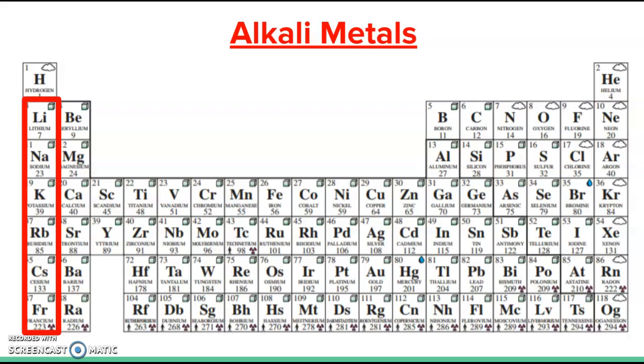So for now, let's just go ahead and everything from lithium down to francium, that column minus hydrogen, is what we call the alkali metals. If you need to, go ahead and pause the video. Like I said, color that in, shade it in, do whatever you need to do, but make sure you make a key so that you know that whatever color you're coloring this is called the alkali metals, and then move on when you are ready.